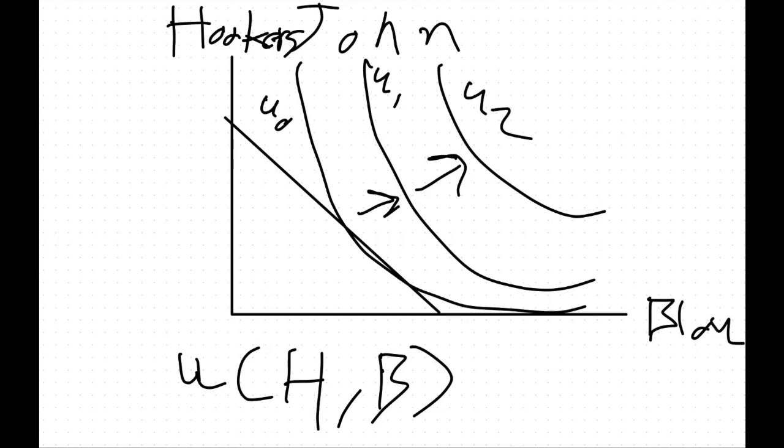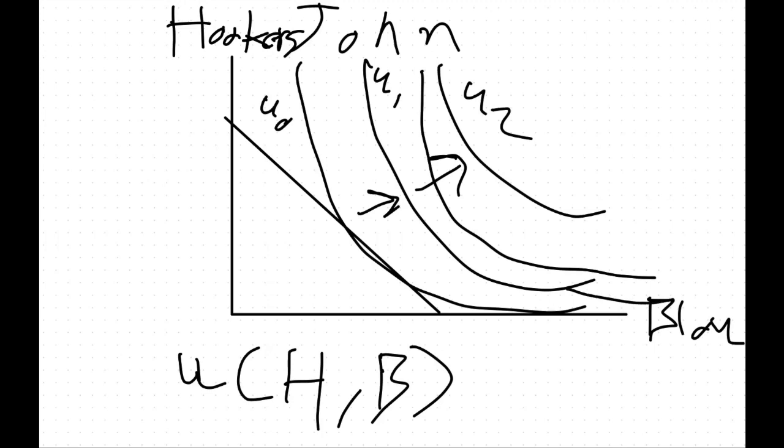Actually, I don't think it can be parabolic, but that's simply because there are sets of... Right, but U0, U1, U2 will all be the same function. No, they do not have to have the same functional form. In fact, it could be just like this or something like that.